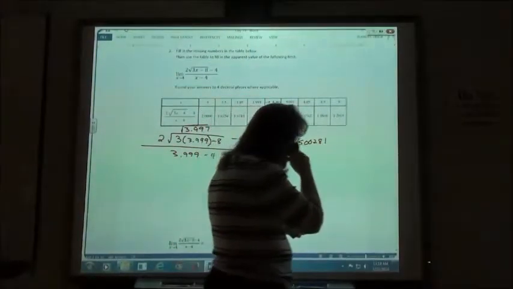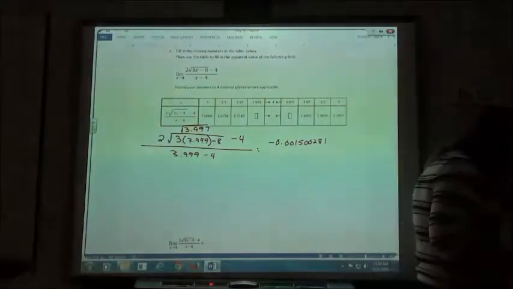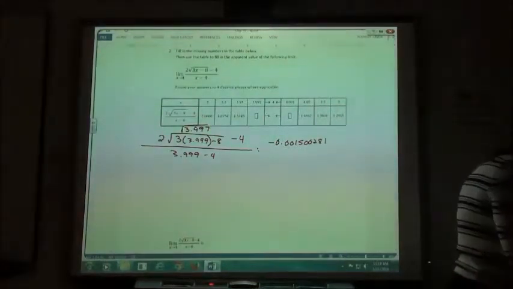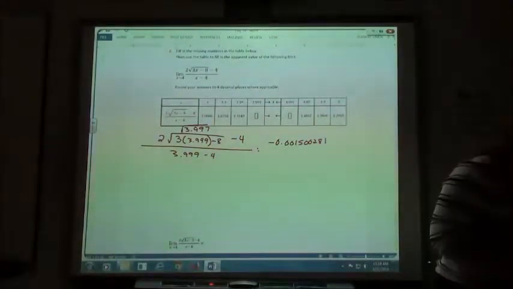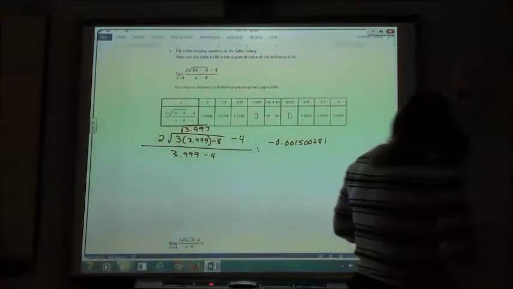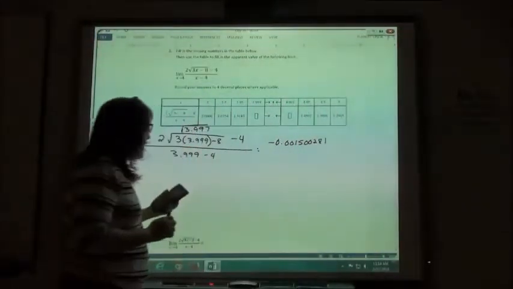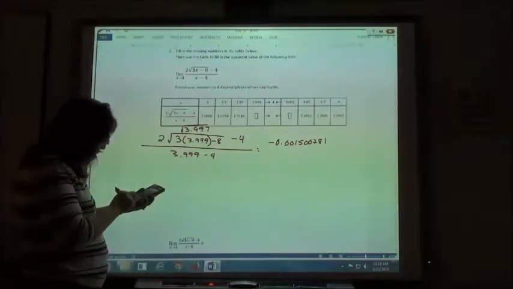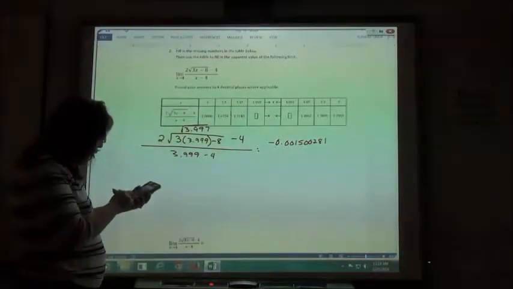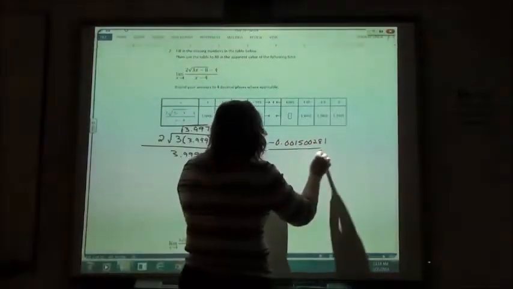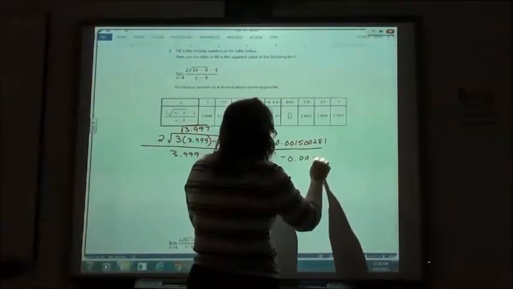0.001500281. Again, I don't want to round that off until the very end, so I'm going to write the whole thing that shows up on my calculator. On the bottom, 3.999 minus 4 gives me negative 0.001.